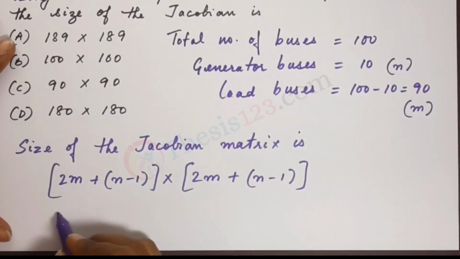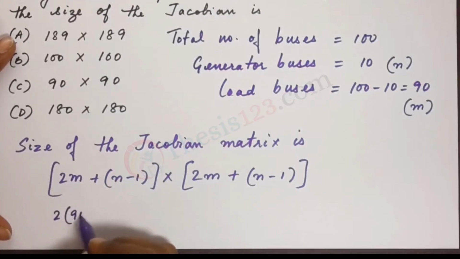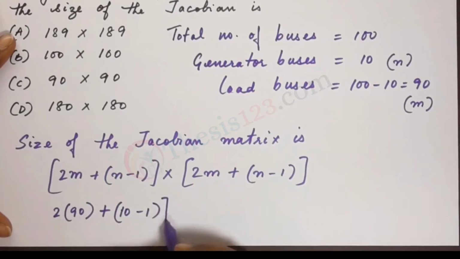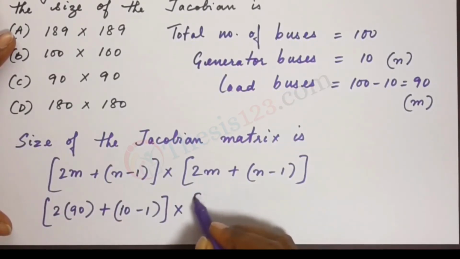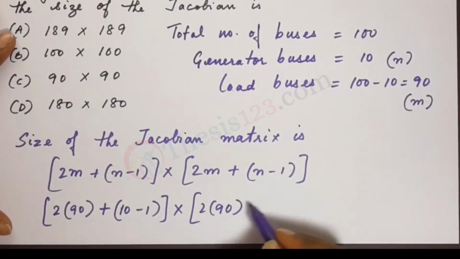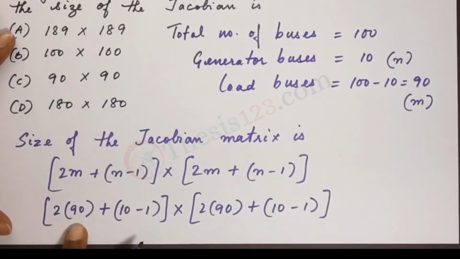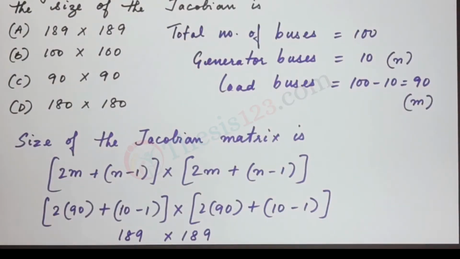So let's substitute. We get 2 into 90 plus 10 minus 1 by the same, 2 into 90 plus 10 minus 1. So that's 180 plus 9, so it is 189 by 189. So the size of the Jacobian matrix is 189 by 189, and that matches option A. So this is the final answer for this question.